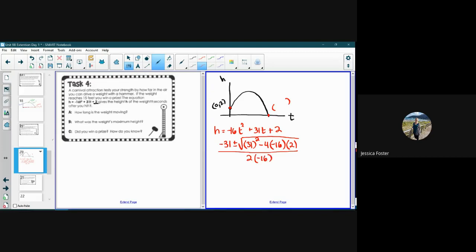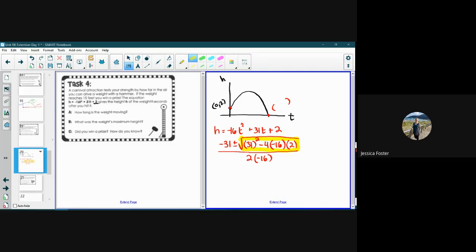Now this number is going to get pretty big, so I'm actually going to type this whole thing directly into my calculator, including the square root. So I've got the square root of parentheses 31, and I am going to use the parentheses wherever I wrote them down, squared minus 4 times in parentheses negative 16 times in parentheses 2.